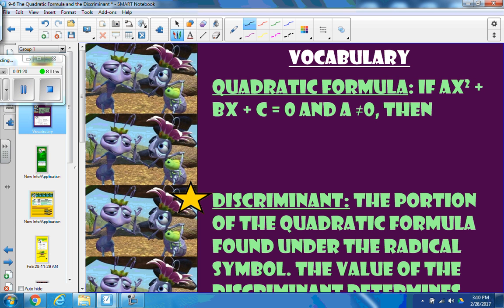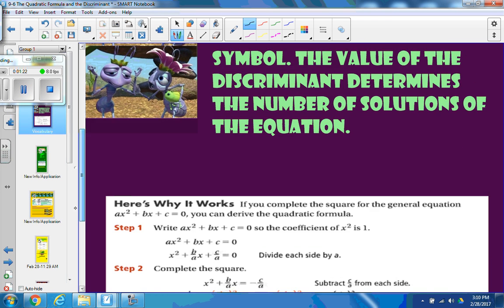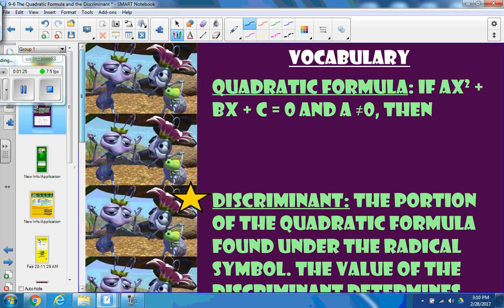So we've got two things here for vocabulary. The quadratic formula says that if ax squared plus bx plus c equals 0, so there's your quadratic function, and a is not 0, then x is equal to minus b plus or minus the square root of b squared minus 4ac, all divided by 2a.